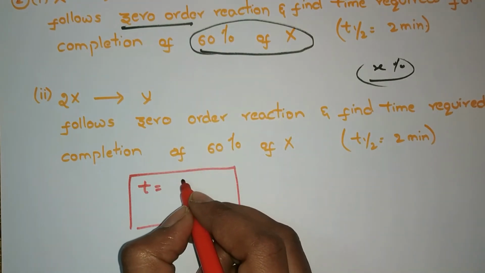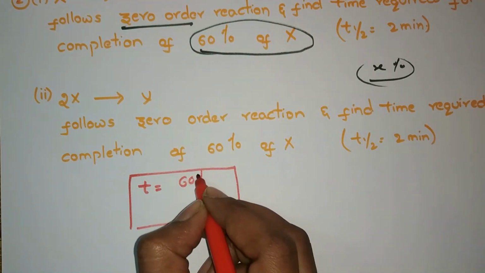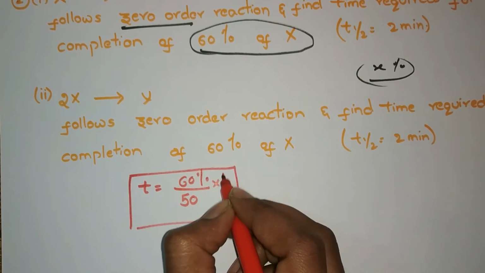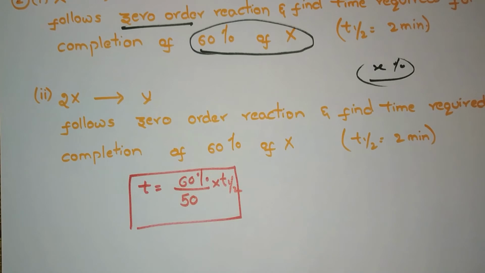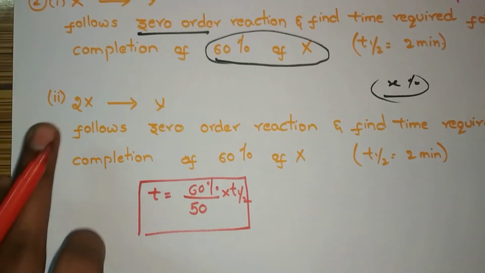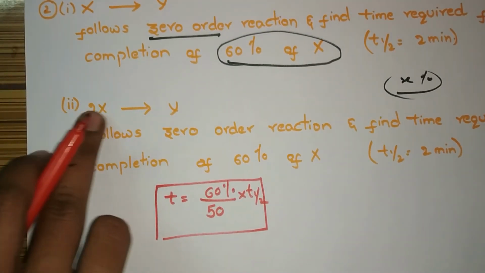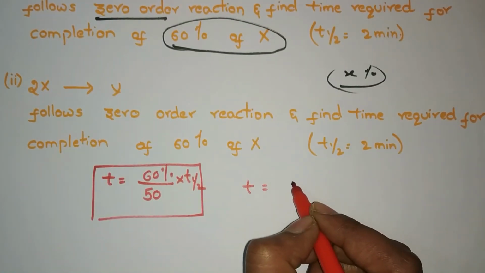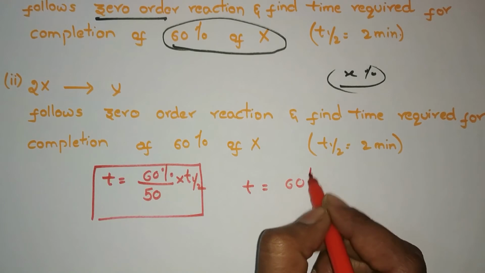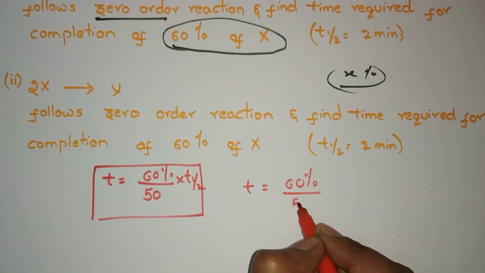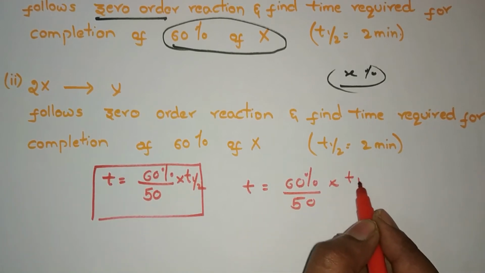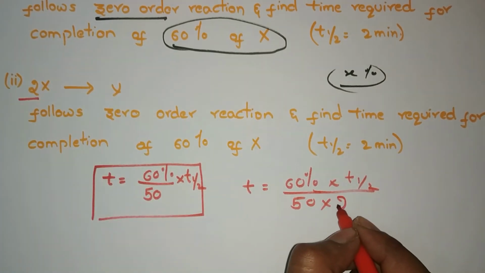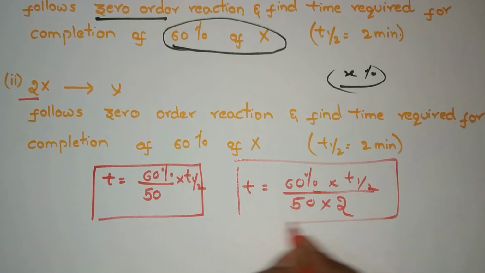So 60% upon 50 into T half. That's it. This is the trick. If the reaction is like this with a number of moles, then T will be 60% by 50, same, okay, into how many number of moles? 2. So this is the trick.